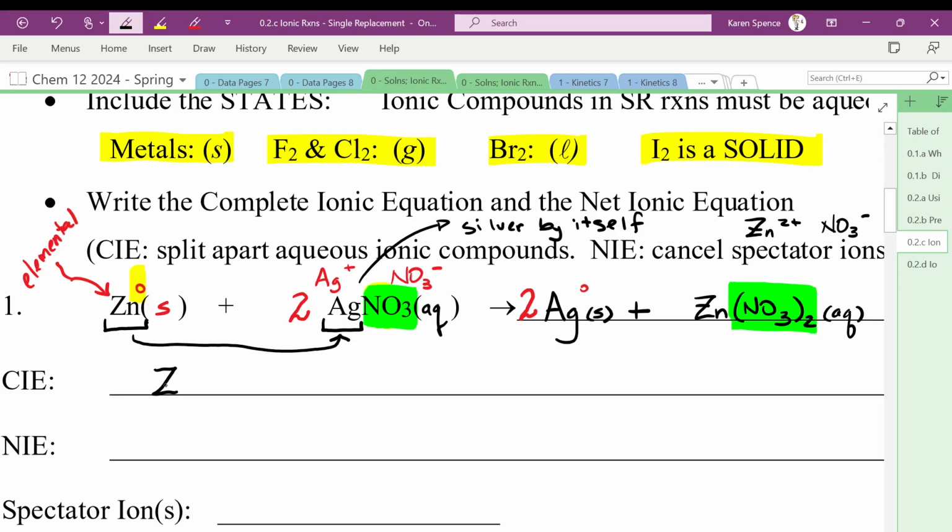So we still just have zinc solid. Now we have AgNO3 and it is aqueous. So is it ionic and aqueous? Yes. If it is ionic and aqueous, we separate it. So let us separate it.